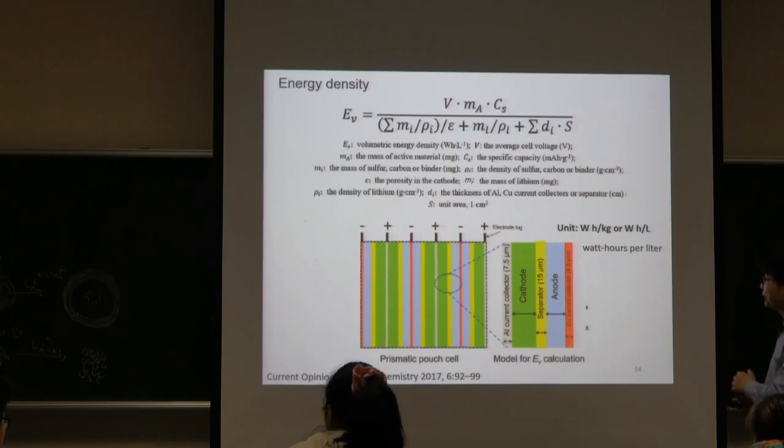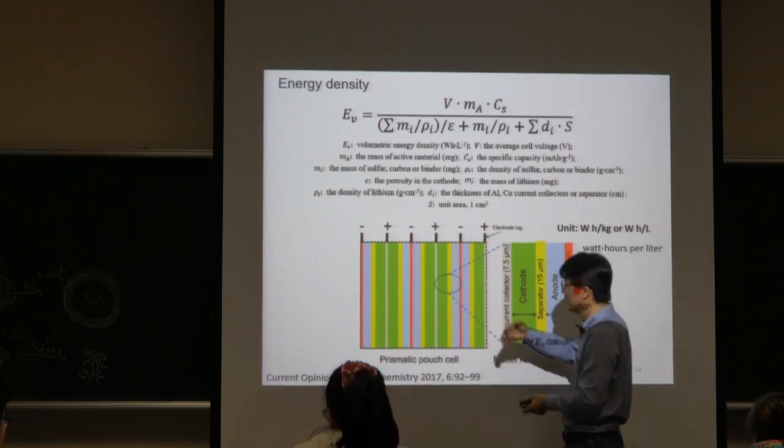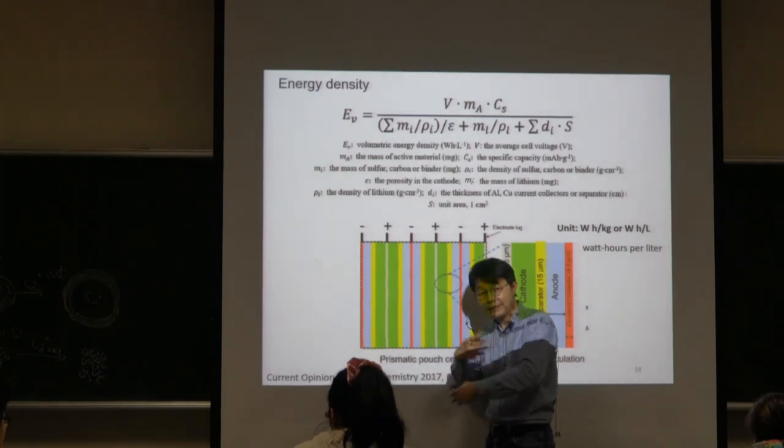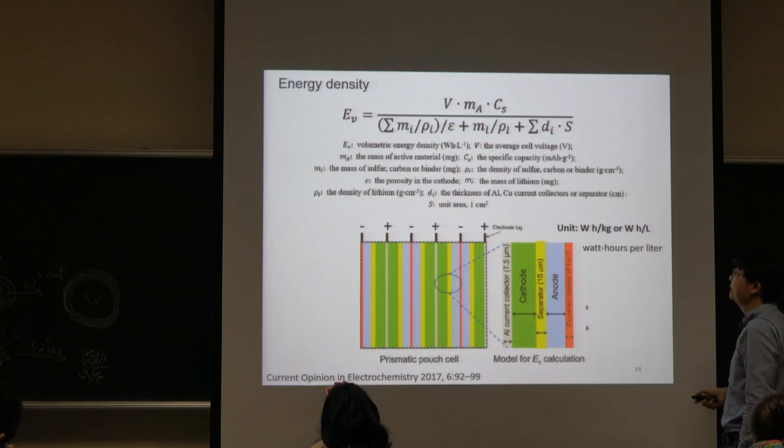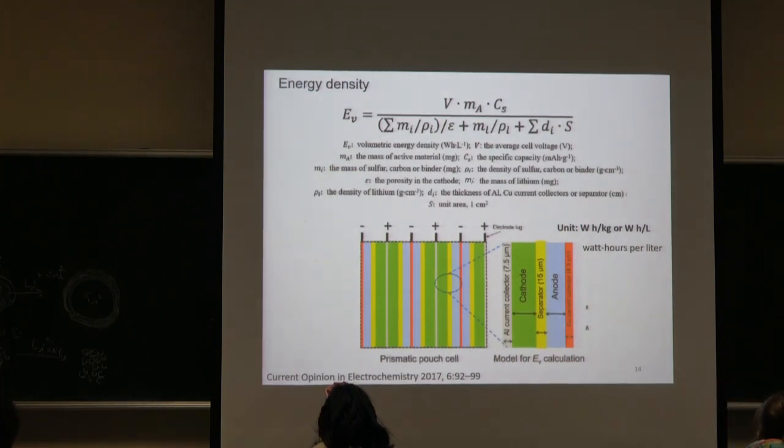Anyway, you have one layer, two layers, three layers, so you have to sum overall together. That means if you have less material, you have a higher output voltage, and also a higher mass of the active materials, and you should be able to get a higher energy density.